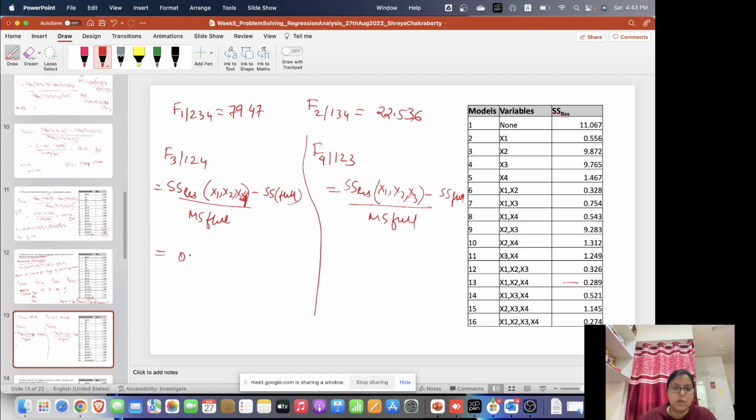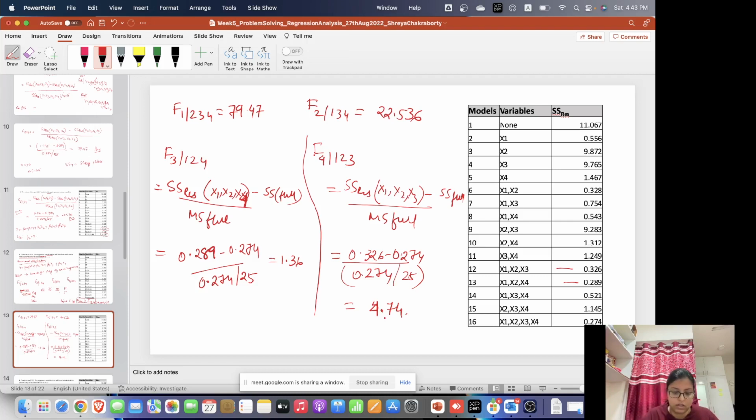So here we have 0.289 minus 0.274 by 0.274 by 25. This would be something around 1.36, and this would be 0.326 minus 0.274 by 0.274 by 25. This would be 4.74.